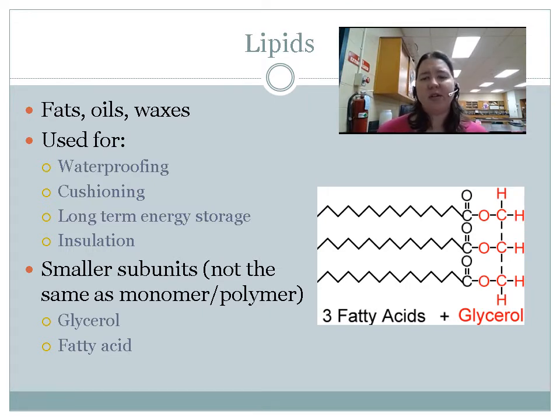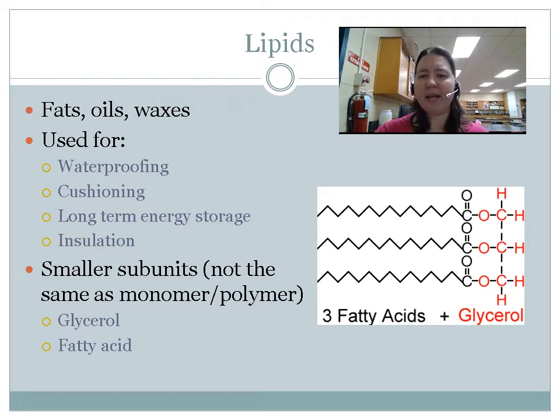Just like carbohydrates, they are made up of smaller subunits, but they're not really a monomer and a polymer. Like if you thought about the carbohydrates making a really long chain, they don't really do that in the same sense, but they are made up of two pieces here. We get the glycerol piece, which is kind of like the backbone, and then the fatty acids, which, in this case, we've got three.